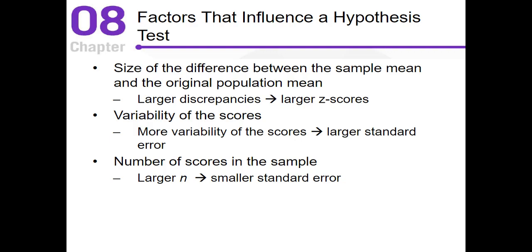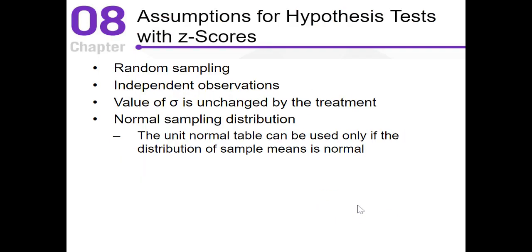There are a few factors that can influence a hypothesis test. You could look at the size of the difference between the sample mean and the original population mean. If there's a larger discrepancy, then you have a larger z-score. You can also look at the variability of the scores. If there's more variability, then there's a larger standard error. The number of scores in the sample can also indicate that a larger N gives a smaller standard error.